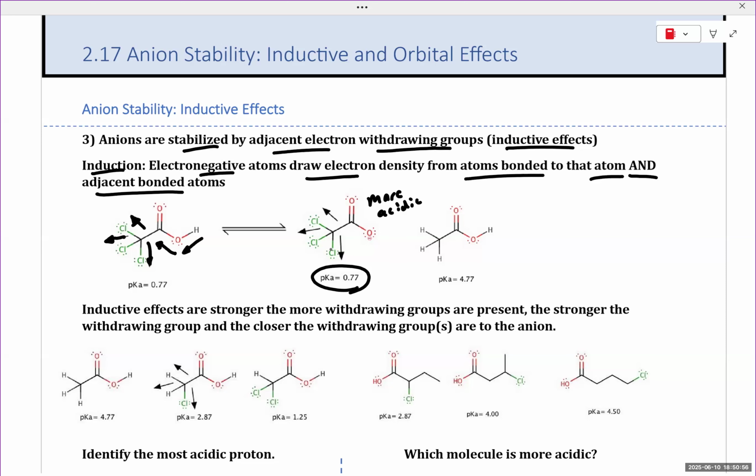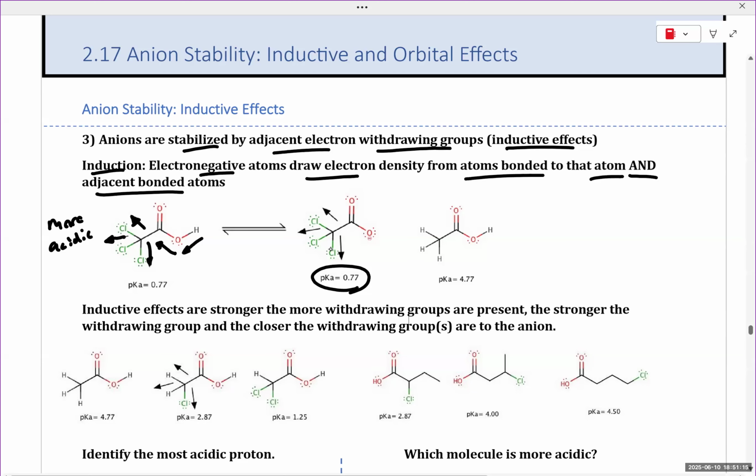Why is that? Well, if we look at the conjugate base, so let's just put the more acidic label here, because trichloroacetic acid is much more acidic than normal, just hydrogen substituted acetic acid.